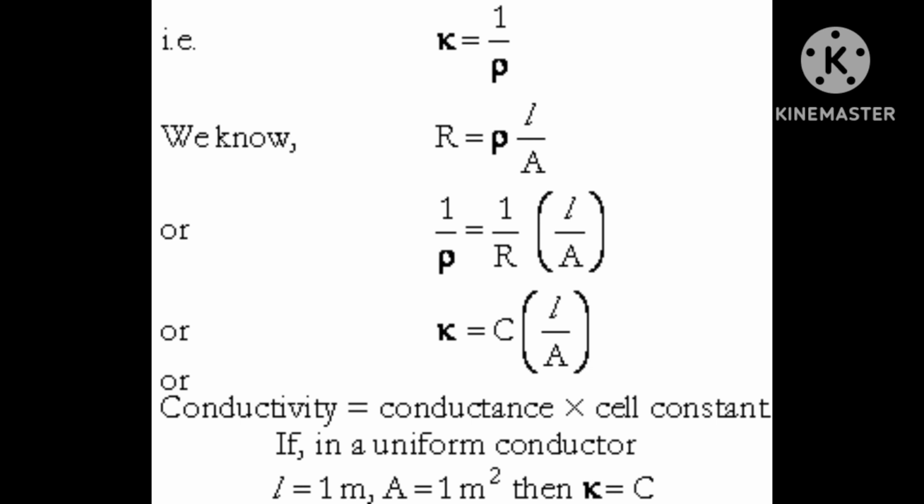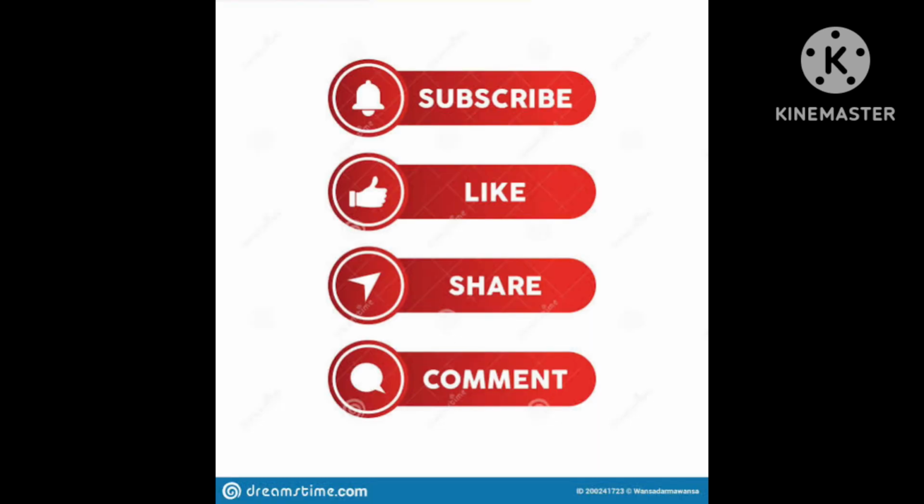Kohlrausch's law is actually useful for weak electrolytes. I will discuss this in the case of weak electrolytes, and then there are some numericals. I will solve them. Okay, thank you.